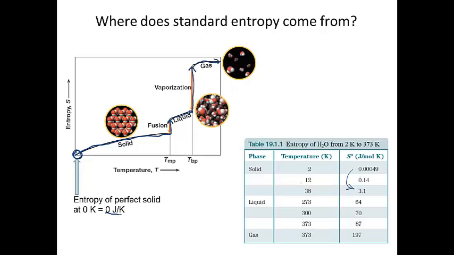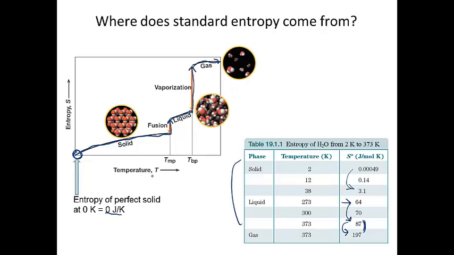When you go up and get to the liquid phase at 273, which is where it melts at 0 degrees Celsius, the entropy is significantly higher, and it goes up to a relatively modest extent as the liquid is heated up to the boiling point. But at the boiling point, the entropy goes up dramatically. Most of the entropy change totally happens when it boils and vaporizes, going from a liquid to a gas at that temperature.